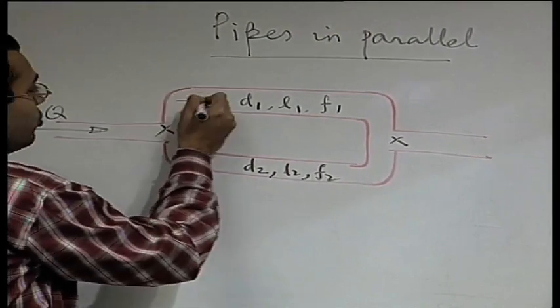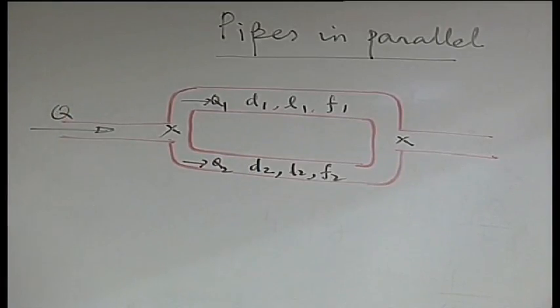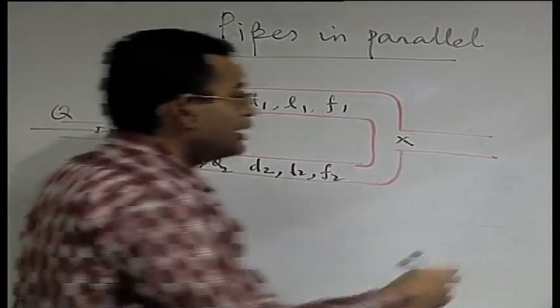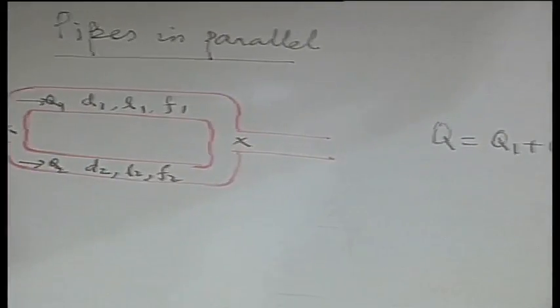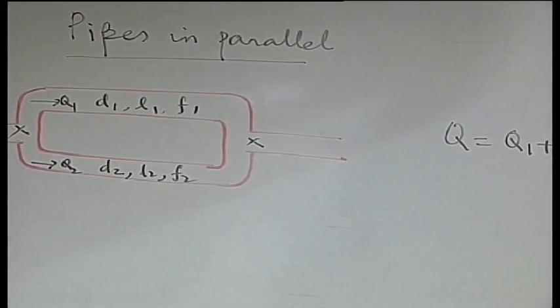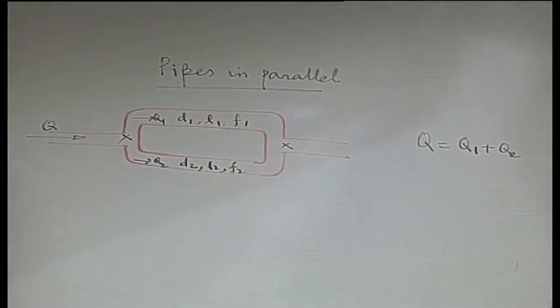Let us say Q1 is the flow rate through this one and Q2 is the flow rate through this one. So you can say that Q is equal to Q1 plus Q2 if you consider the node given by the cross, just like Kirchhoff's current law. So Q is distributed as Q1 and Q2.